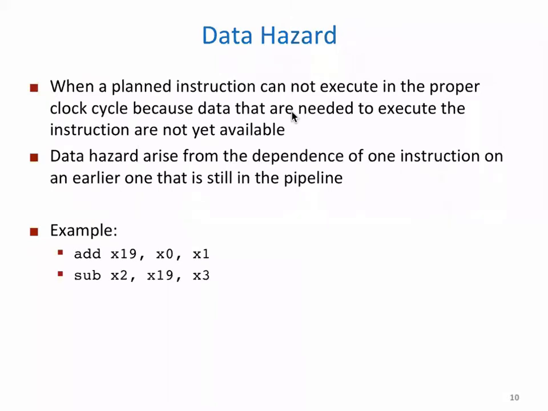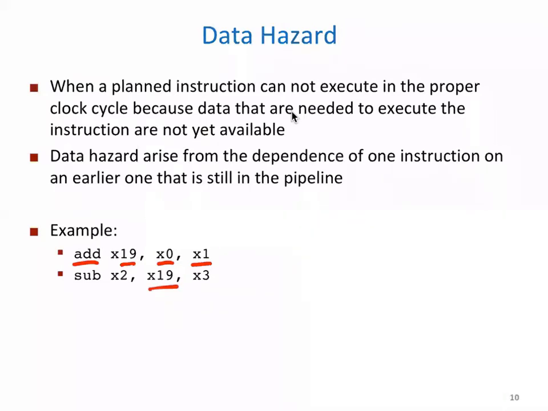The example is as follows. This is a very simple example. We are doing an add instruction, which is adding x0 and x1, and the result is going to x19. In the next instruction we are using x19.